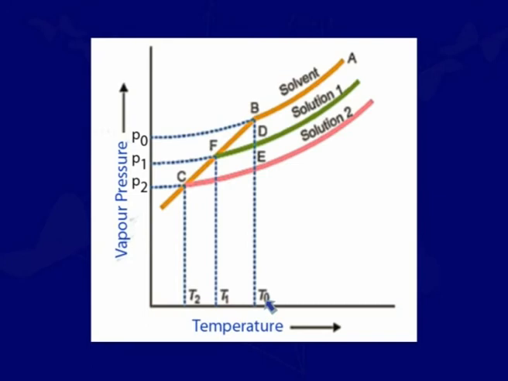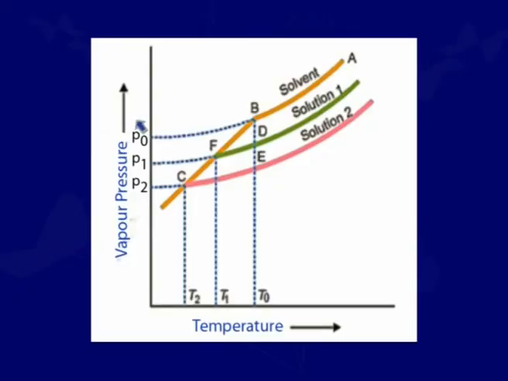Thus, T0, T1 and T2 are the freezing points for the solvent, solution 1 and solution 2. The vapor pressures for pure solvent, solution 1 and solution 2 at their freezing points are thus P0, P1 and P2 respectively.